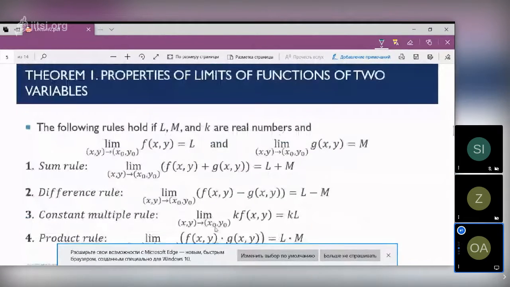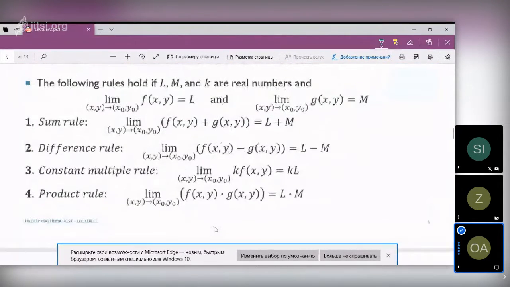So here are the rules about calculating limits. Theorem 1, properties of limits of functions of two variables. The following rules hold if L, M, and K are real numbers, and the limit of f of xy when xy tends to x0, y0 is L, and the limit of g of xy when xy tends to x0, y0 is M. We had these rules.